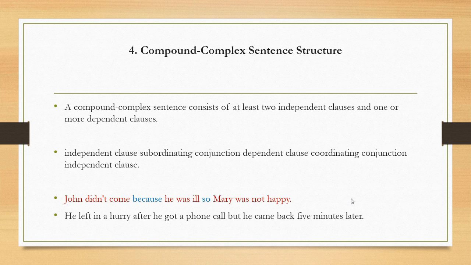First we have an independent clause, then the subordinating conjunction, a dependent clause, a coordinating conjunction, and then an independent clause. Because in the FANBOYS we have learned that S means so, which is a coordinating conjunction. He left in a hurry after he got a phone call, but he came back 5 minutes later.